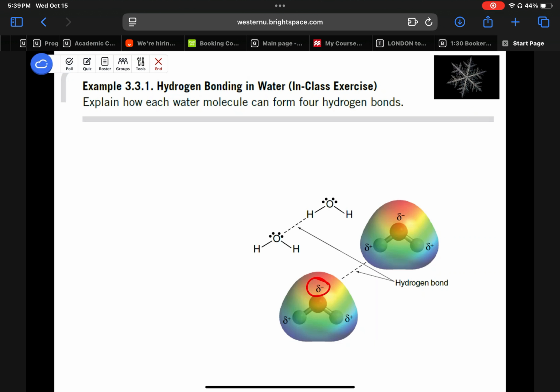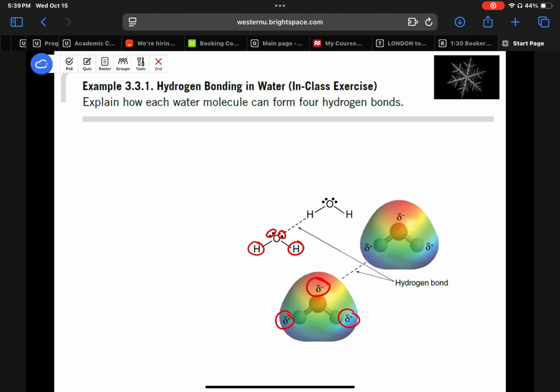It draws that electron density from hydrogen. So those shared electrons in those covalent bonds, it's hogging some of those, which makes the hydrogens partially positive. One water molecule has 4 regions of electron density and 4 different sites where hydrogen bonding can occur.